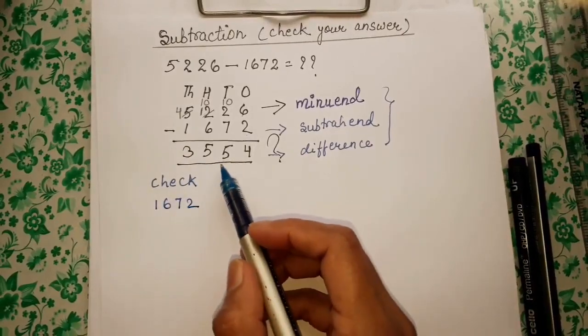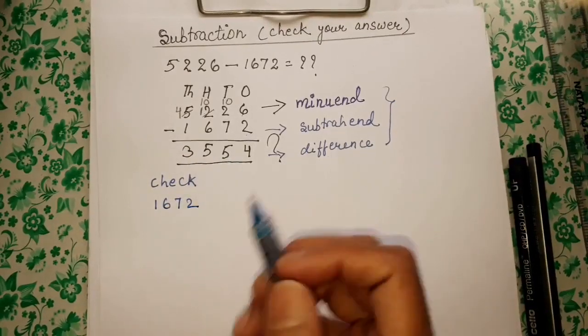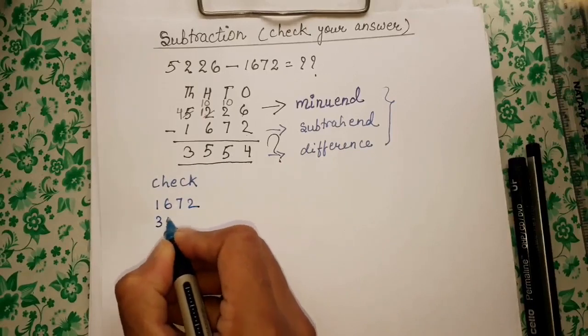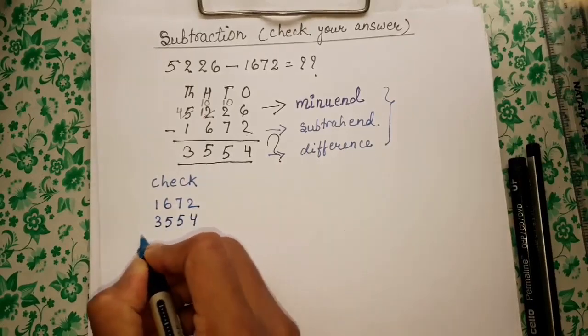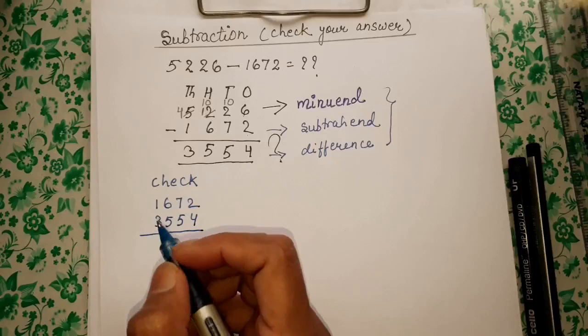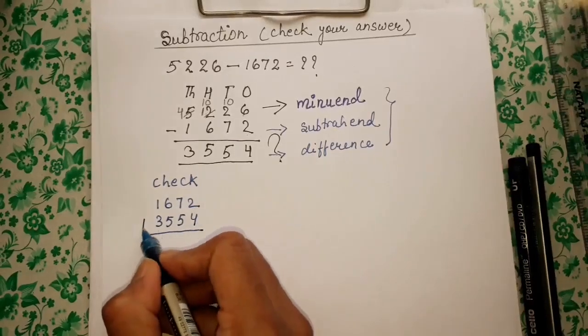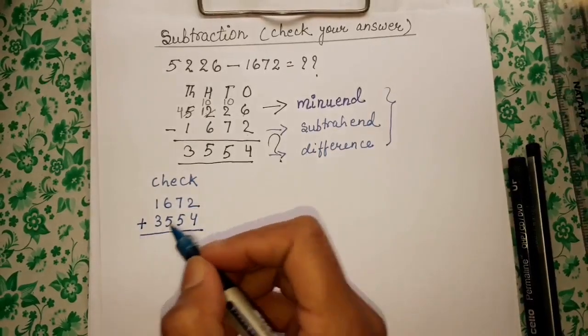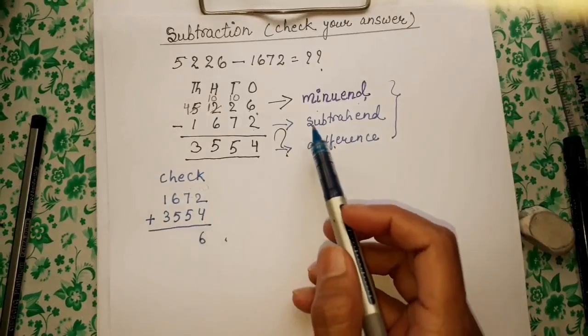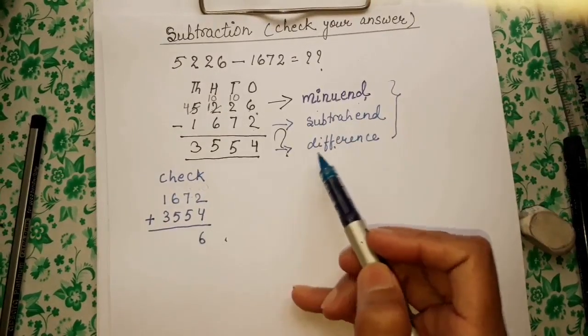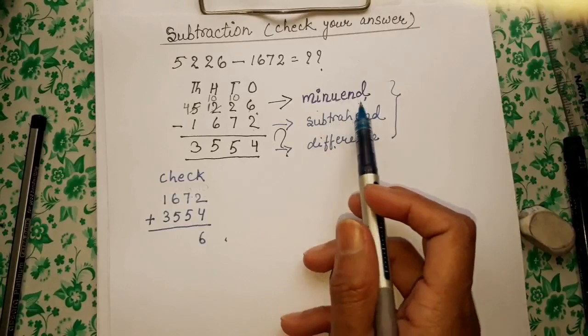Then, next is difference. Our difference is 3554. Then what we have to do? For checking subtraction, we have to do addition. When we add subtrahend and difference, we get minuend.